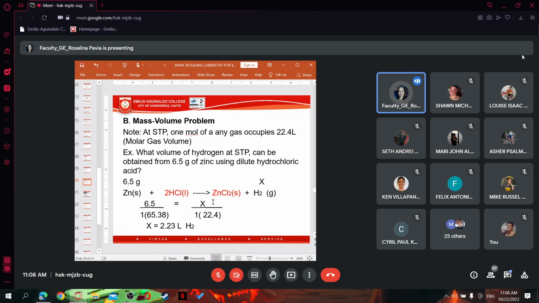Pero pag volume ang tinatanong, especially gases, you will be using MGV. Pero kukunin nyo pa rin yung coefficient. Coefficient of hydrogen is 1. Okay? Then cross-multiply, 2.23 liters of hydrogen was produced.